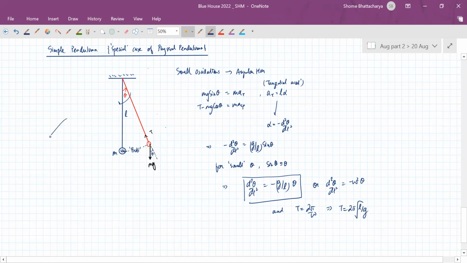The direct formula based approach you can take is this, for small theta.